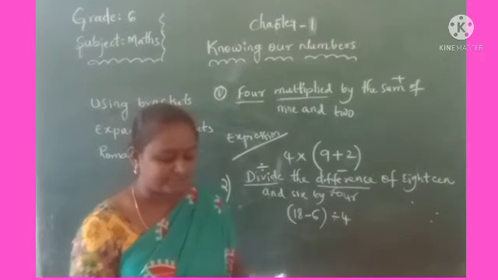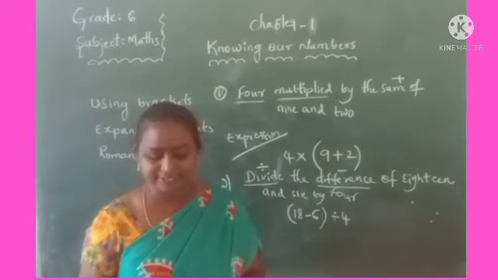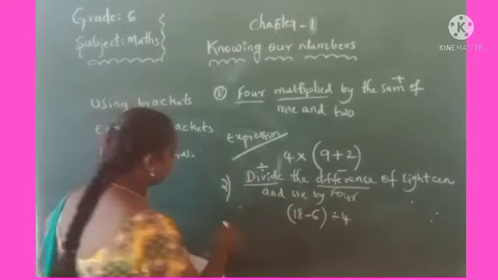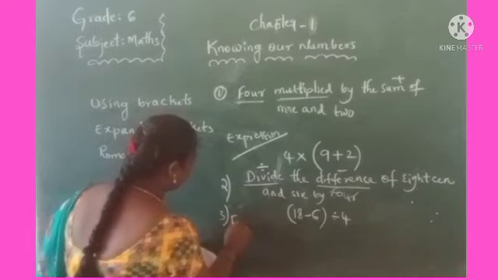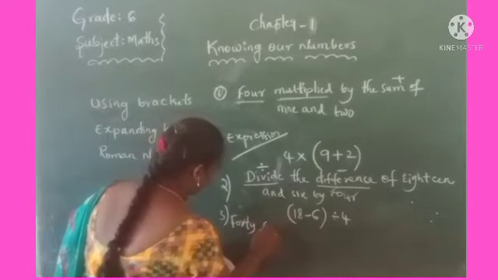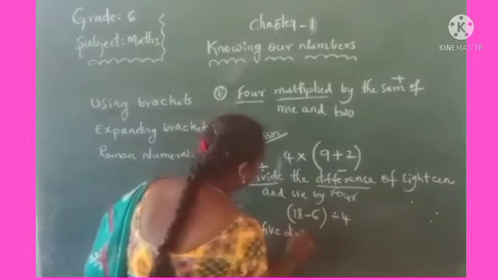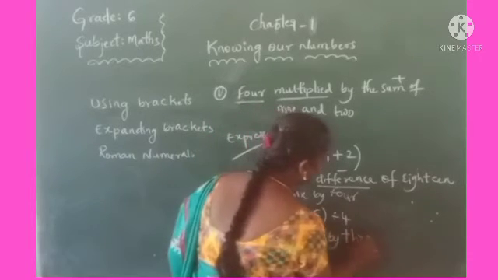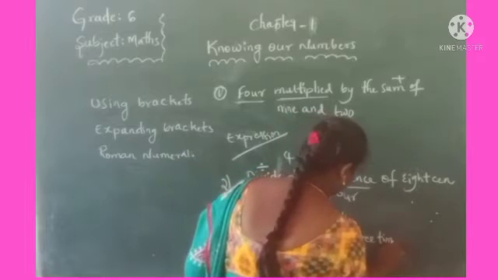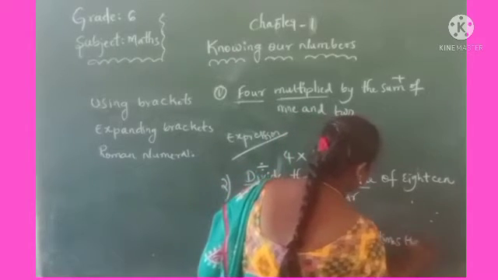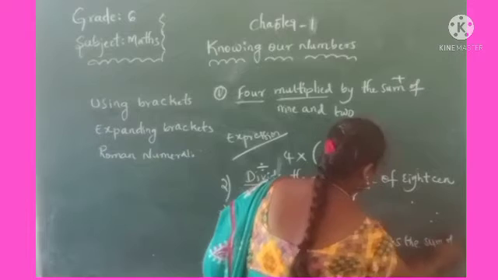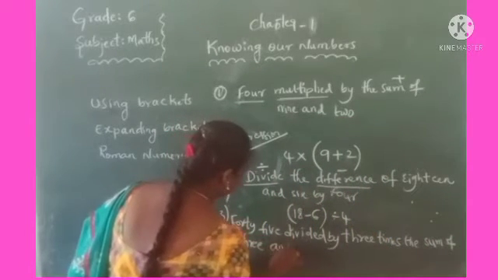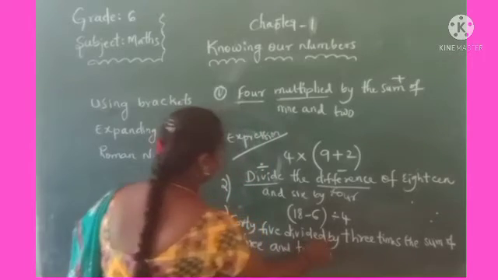Like that, see the third statement: 45 divided by 3 times the sum of 3 and 2.